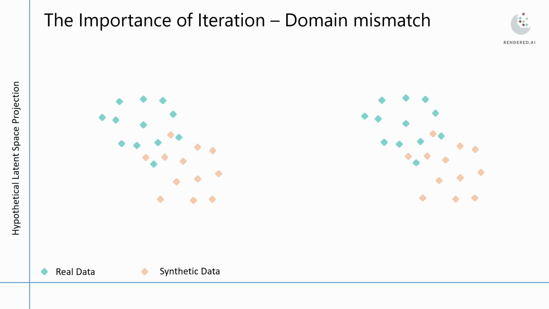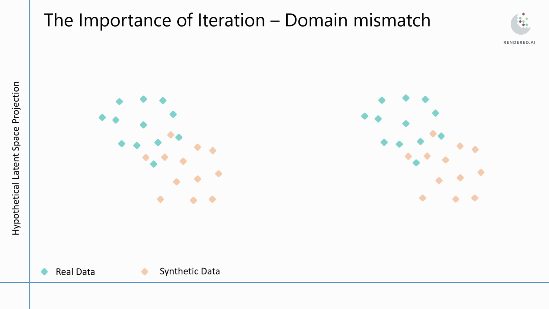And one way to do that is by doing what's called a latent space projection. This presentation is not intended to get into the details of this, but suffice it to say that through a number of different mechanisms, we can take sophisticated, very high dimensional data sets like imagery, and we can ask how they would project meaningfully on a two-dimensional or three-dimensional scatter plot.